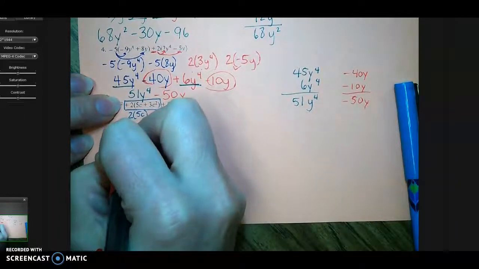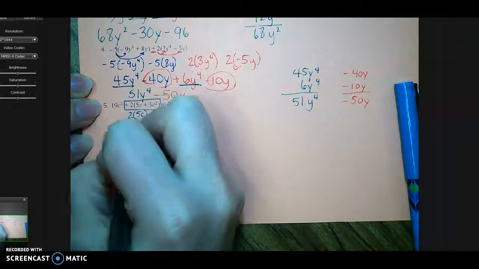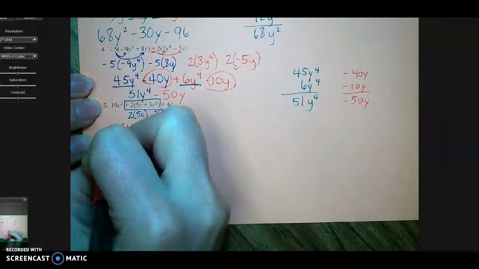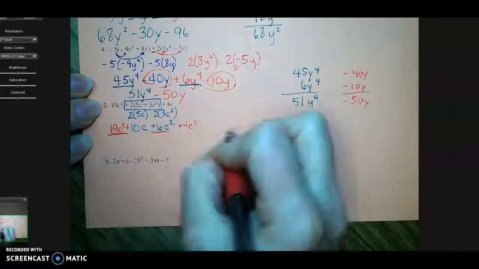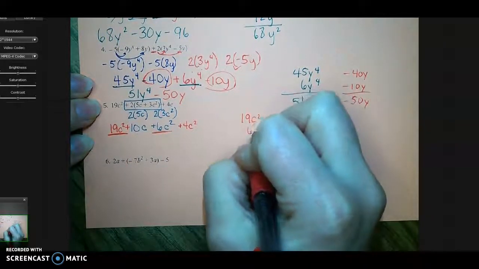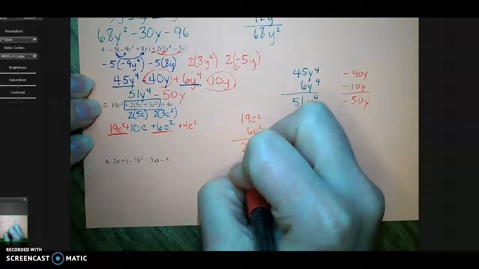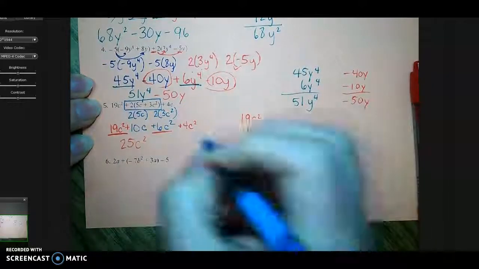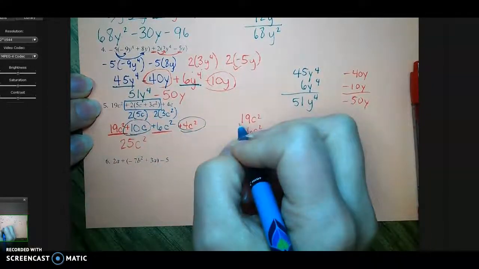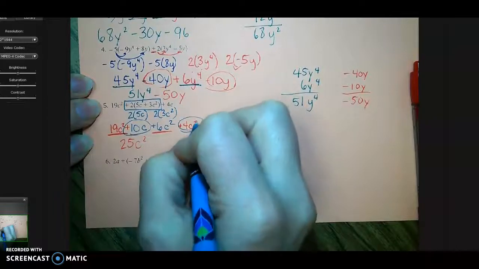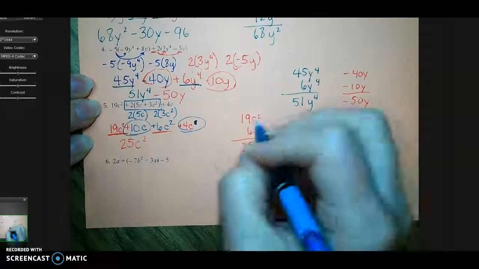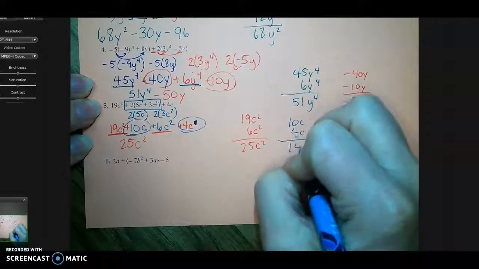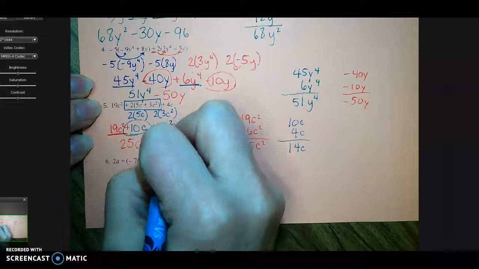And then we don't want to forget that we had that 19c squared and that positive 4c at the end there. 19c squared and 6c squared, both positive. So 25c squared, and then I've got 10c and 4c. Sorry, I didn't mean to put that little 2 on there. So 10c and 4c, both positive, and so I will get 14c.